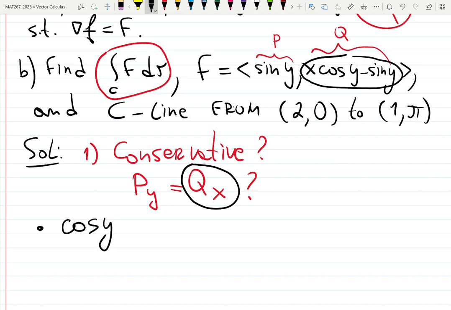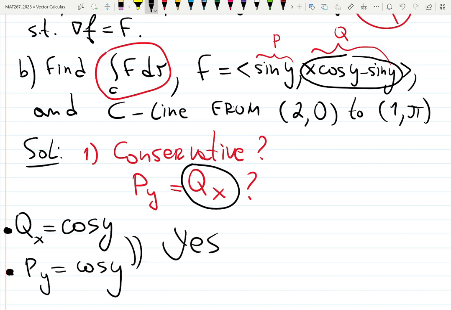Cosine Y minus sine Y gives you 0. So it's just cosine Y. I will write down: second component with respect to X is cosine Y. Let's check the first component. The first component with respect to Y, sine Y gives you cosine Y. Yes, it's a conservative vector field.